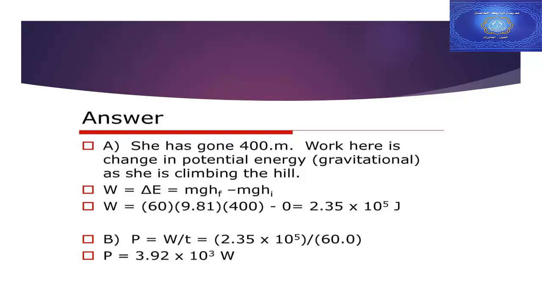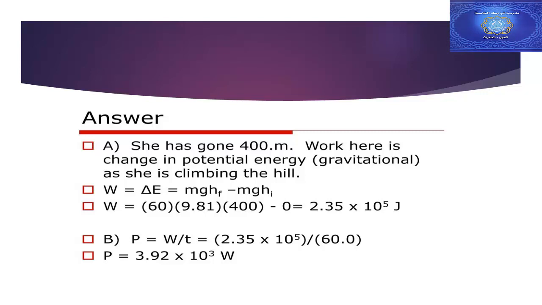Total work done equals change in potential energy. So W equals mgh final minus mgh initial. mgh final: m equals 60, g equals 10 or 9.81, times height, which equals 400, minus 0, which is the initial potential energy. So total work done equals 2.35 times 10 power 5 joules.